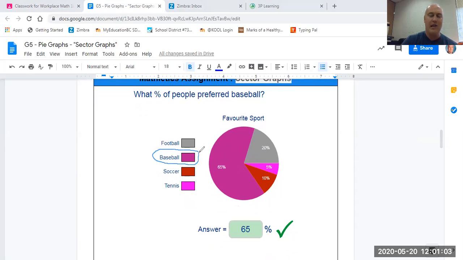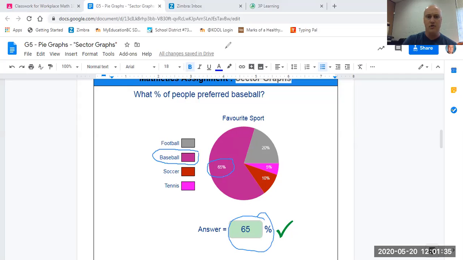This is what we call a legend in a graph, so it lets us know what colors or what patterns represent what particular category. In this case, I'm not good with colors, but a purplish color matches up with this here, hopefully you can see. And so this is suggesting that 65% of the people that they looked at here like baseball, or it's their favorite sport. So in this particular case, the answer would be 65%.